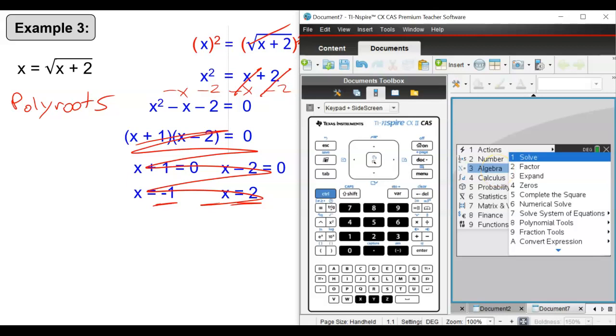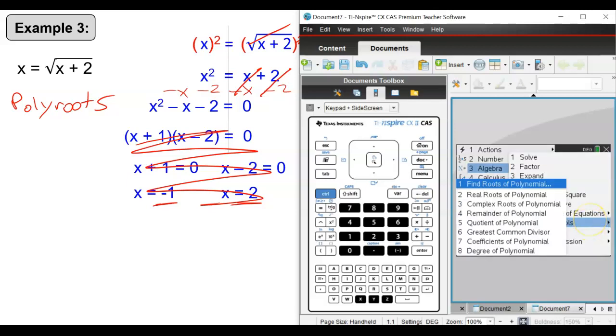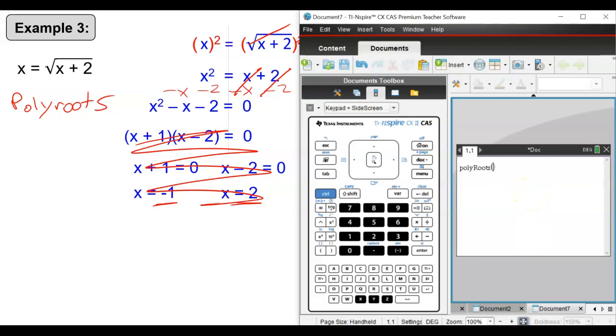My menus do not match your menus, so let me look at your calculator. So you're going to press menu 3, 3, 2. Okay, menu 3, 3, 2. Everybody write that on your notes.